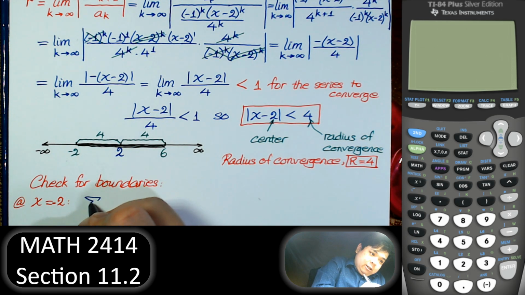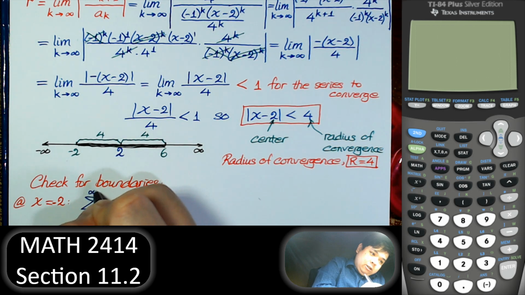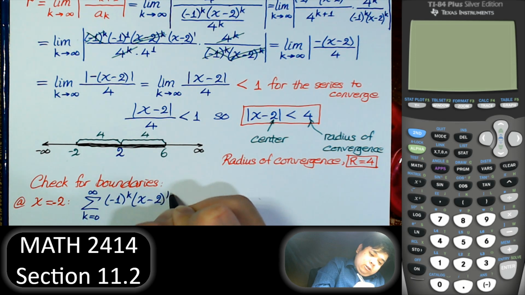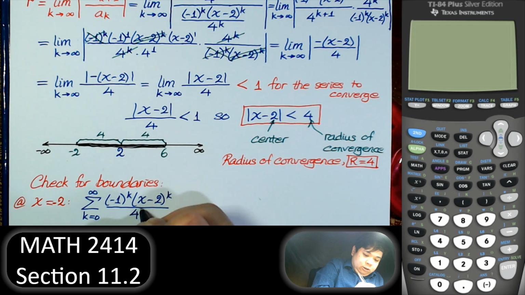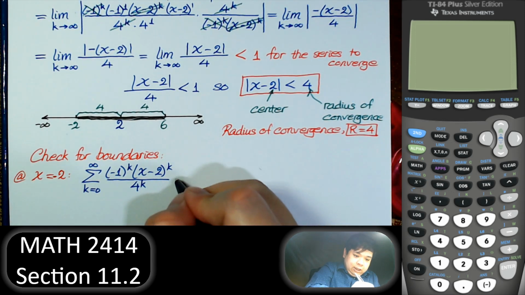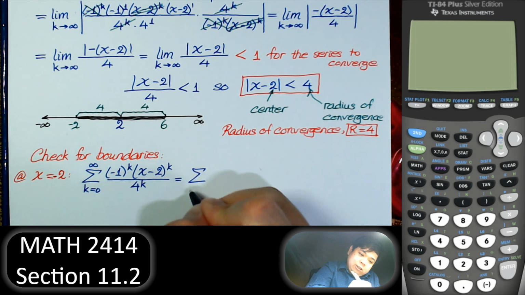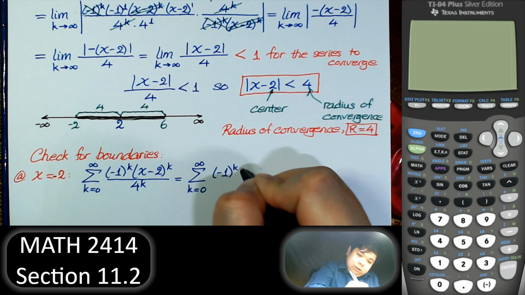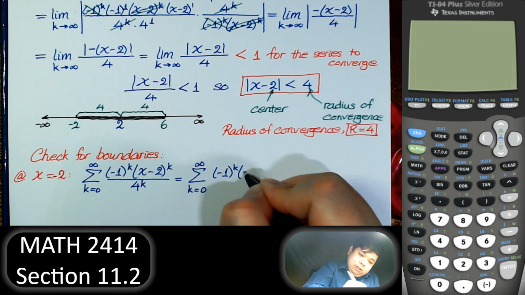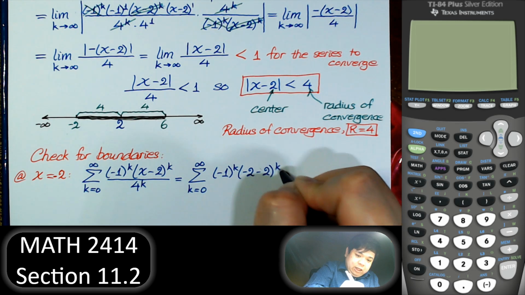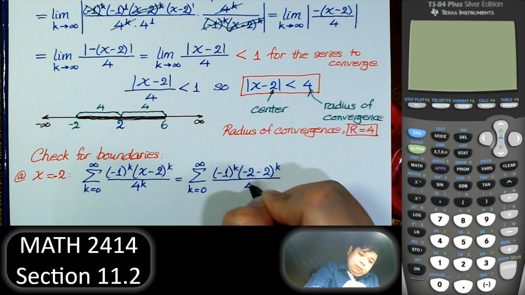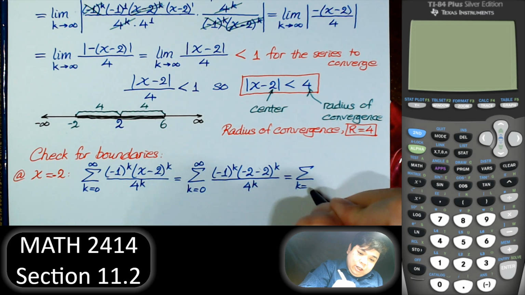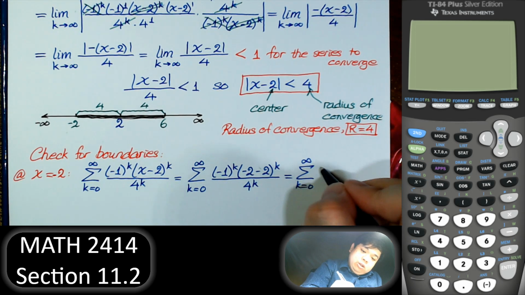So the series, put negative 2 in it, and negative 2 to the k, with k equal to 0 to infinity. Now negative 2 minus 2 is negative 4.